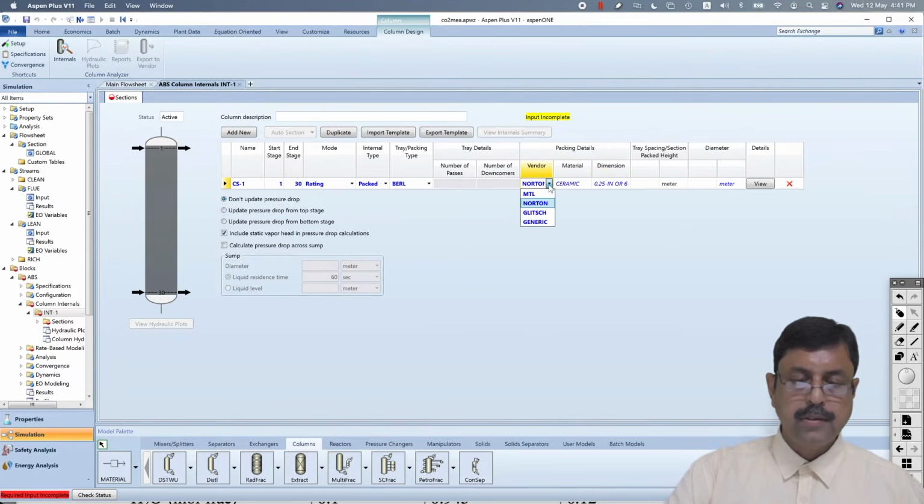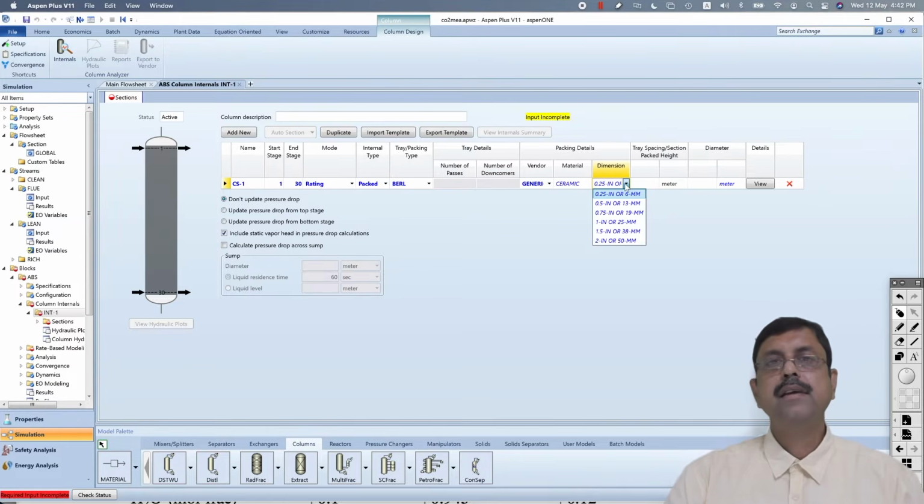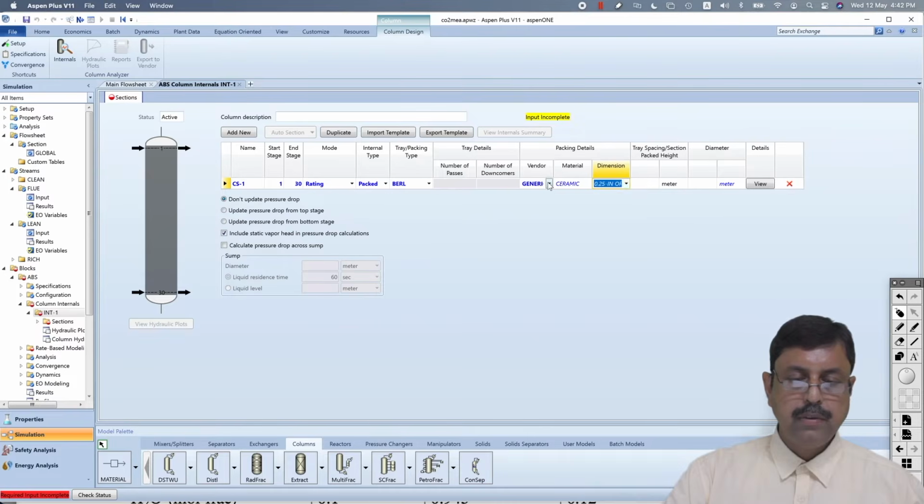So Norton doesn't have it. Gliss, it also doesn't have it. What about generic? None of them has exactly 12.7. So let us choose 13 millimeter. So that is the closest one. And we will keep the default one only.